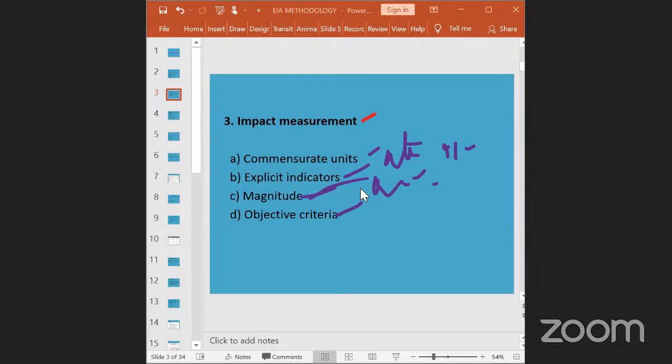It is distinct from impact importance, which is defined as the weighting of the degree of significance of the impact. And last one, objective criteria. It should be based on objective criteria, and the criteria should be stated explicitly, right? So these are the impact measurements.